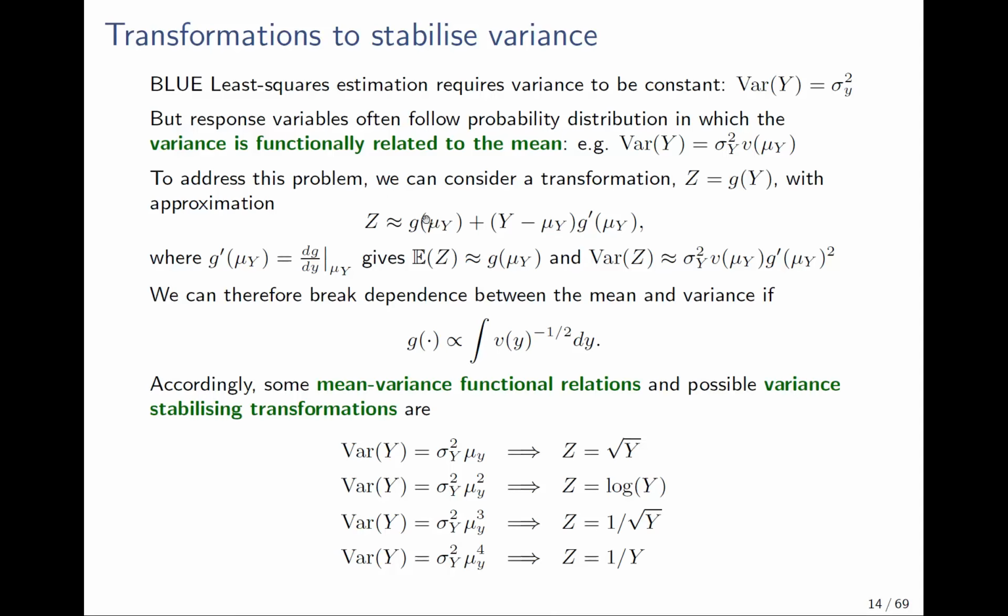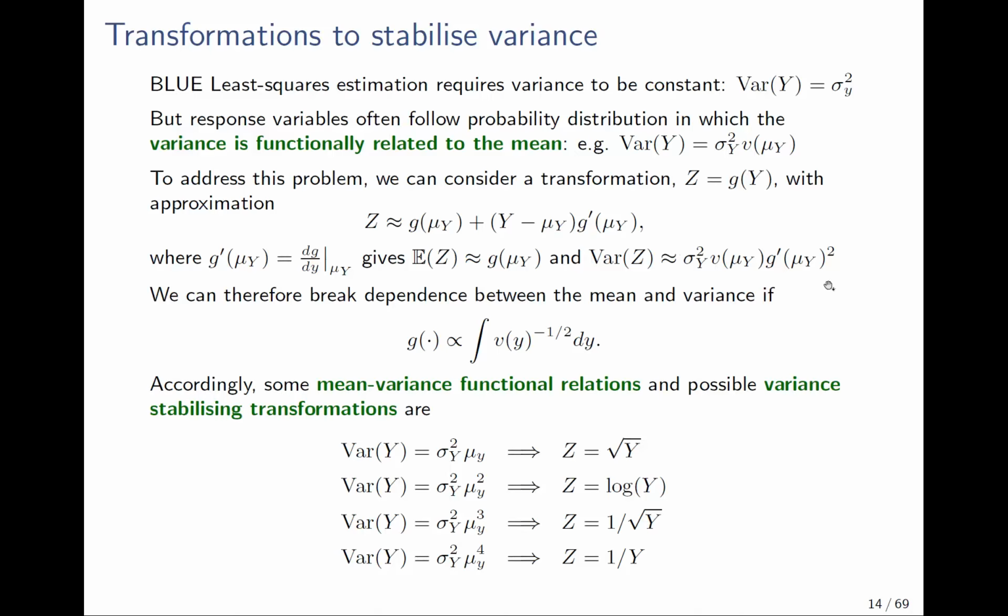Now, for this first order Taylor approximation, this gives an expected value of z equal to g of mu y, and it gives the variance of z equal to sigma squared times v of mu y times the first derivative of g at the mean squared. So that is the expectation of our transformed random variable. That's the variance.